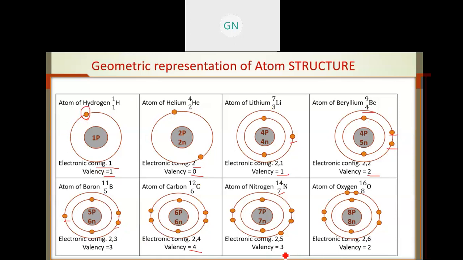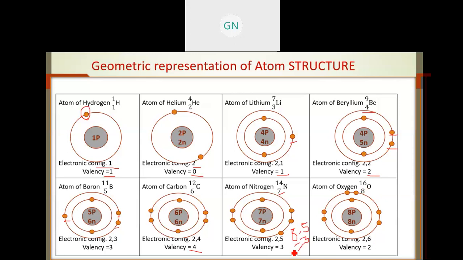Carbon 6, 2, 4. So valency is 4. Nitrogen 7, 2, 5. So the valency is 5, but we have to subtract 8 minus 5. So you will get only 3. So the valency is 3 for nitrogen.